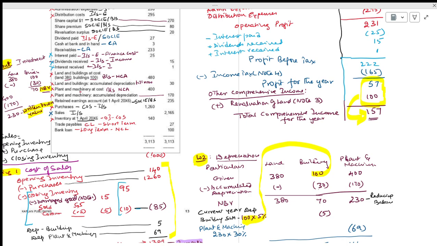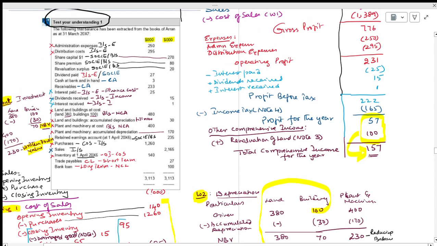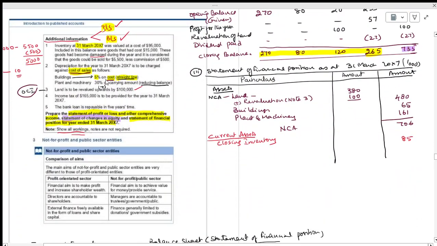Here, see the things: current assets. What are the current assets? On the left hand side of the screen you have cash at bank and cash in hand, and you have receivables. First you have to write receivables. Order is very important. How much are the receivables?